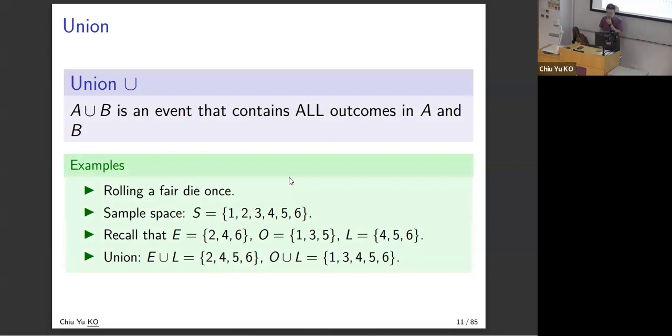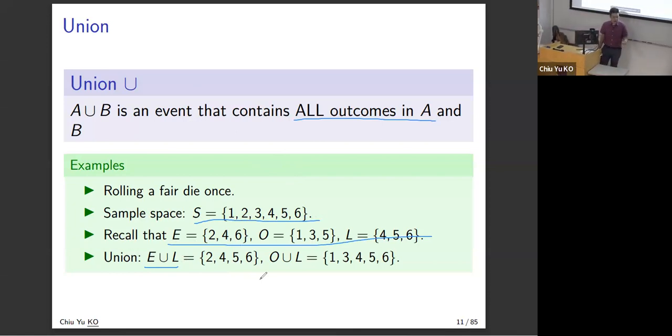The union, compared to the intersection, which is like finding the common factor, the HCF operation. The union is OR, so it's more like the LCM idea: lowest common multiple, just pick up everything in A and B. Suppose you have again a sample space, E, O and L. To find E union L, we want the outcomes that are either even or large.